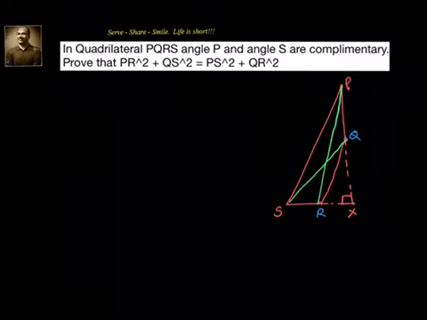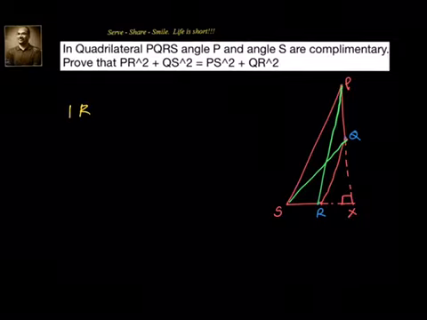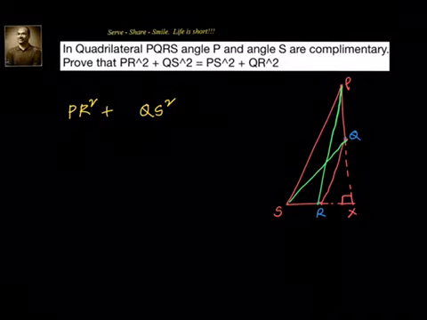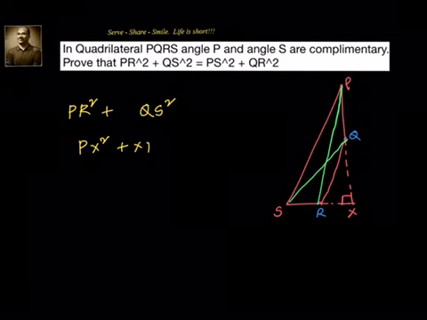So let's write down Pythagoras theorem from each of these. First let's start with what is our LHS. We'll write down LHS is PR square plus QS square. But what is PR square? PR square is nothing but equal to PX square plus XR square.